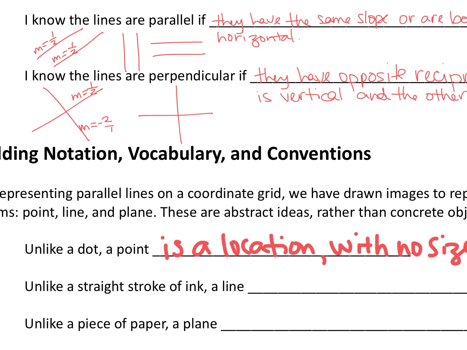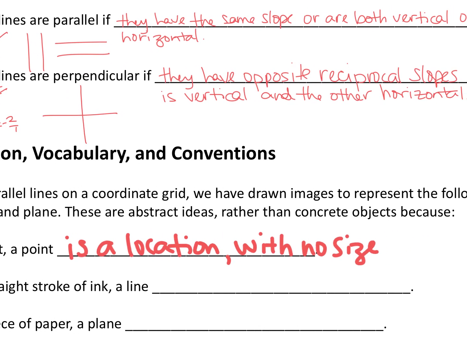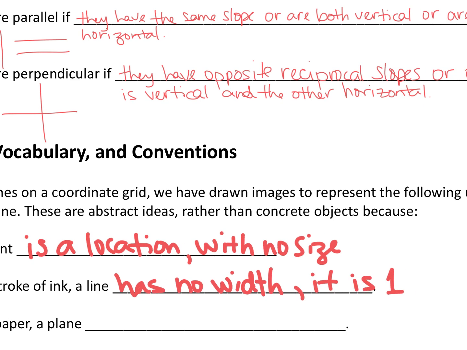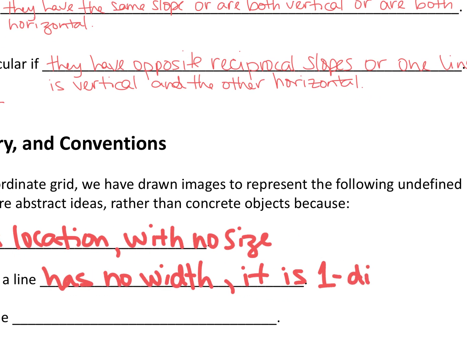Okay, and then our second one is a line. Unlike a stroke of ink that has width, a line has no width. It is one dimensional.